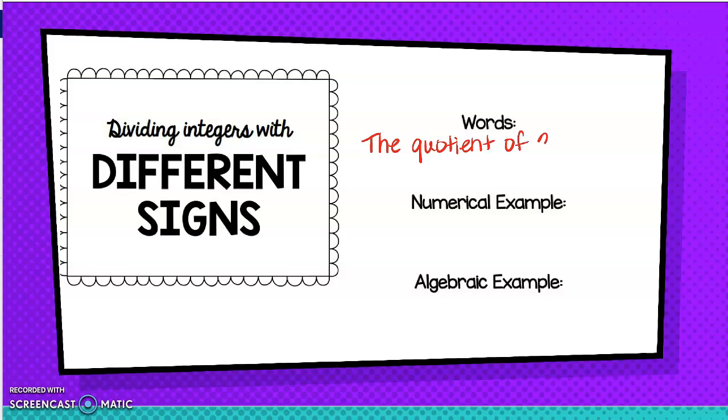The quotient of two numbers with different signs is negative. The quotient of two numbers with different signs will always be a negative. I'll give you a moment to write that.